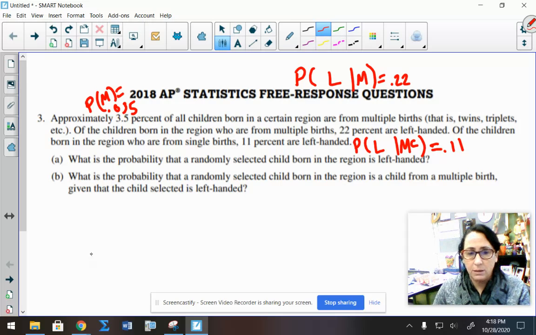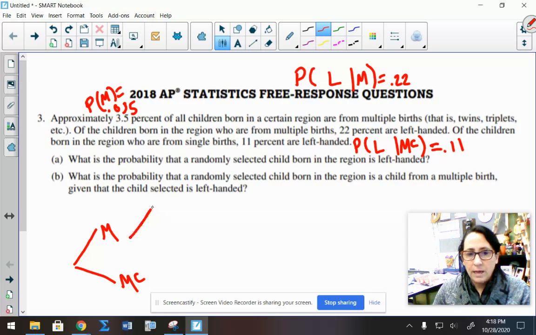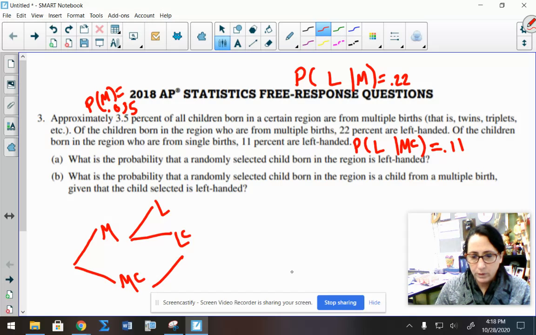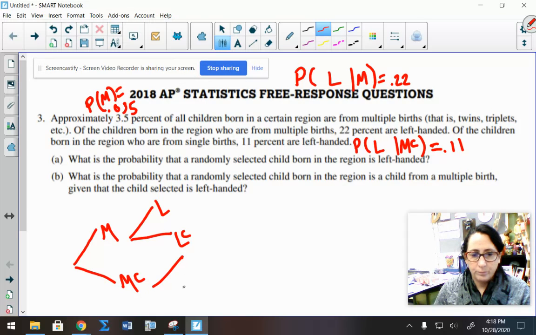When I make my tree, I'm going to put the given information first. The given information is whether or not they are from a multiple birth. The next is whether or not they are left-handed. Now I'm going to fill in everything we got.